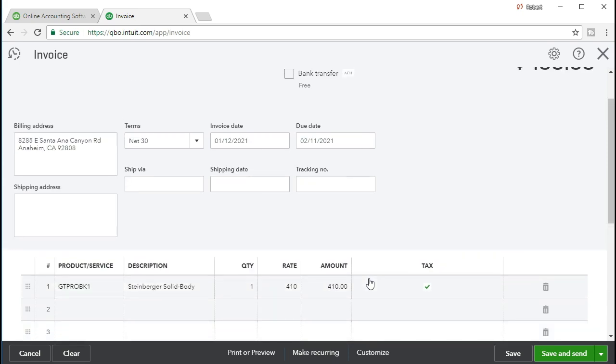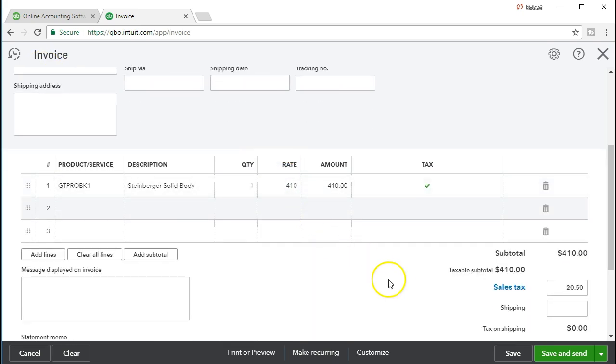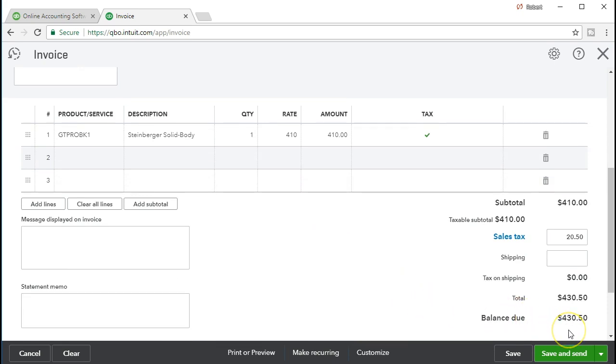So if we break all this down, what is actually happening here in terms of how is this going to affect the financial statements? We know that it's going to increase accounts receivable, meaning Anderson owes us money by the fact that it's an invoice. This invoice basically means accounts receivable is going to go up. It's going to go up by the full amount, the $430.50. We also know that sales is going to go up because it's an invoice, and sales is the other side that always goes up.